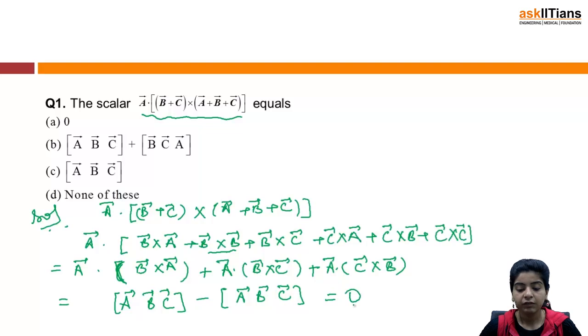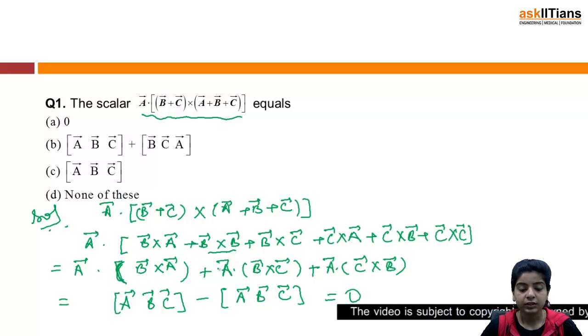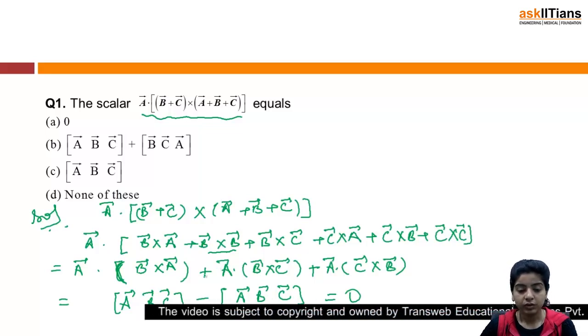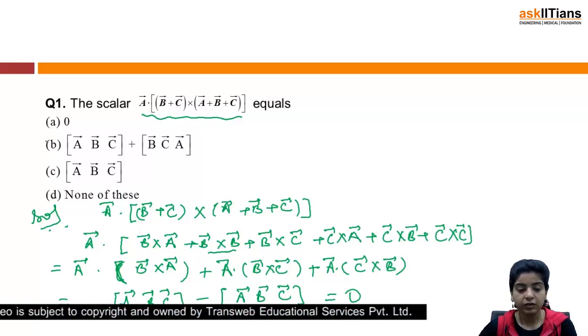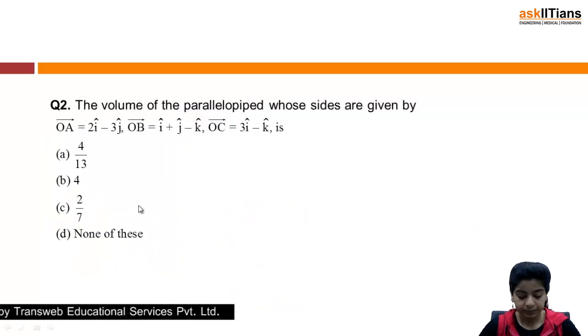So finally we get the result as 0. The question was quite simple. It's just that you need to know what we mean by cross product, what we mean by dot product, and how we apply these products. So the answer is 0. That means option A is correct.